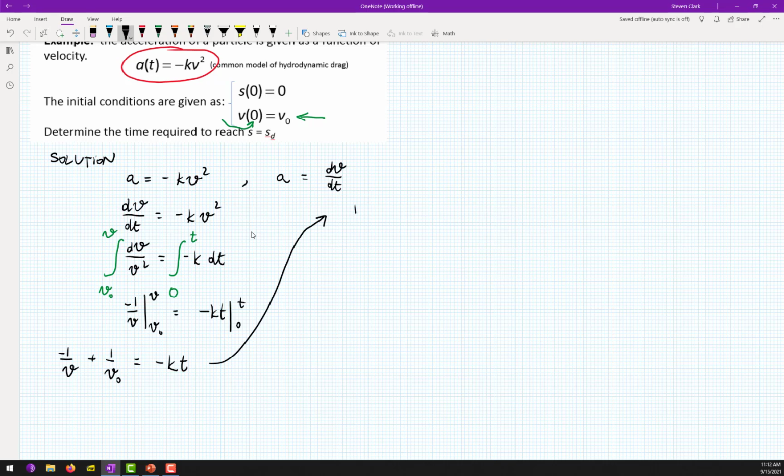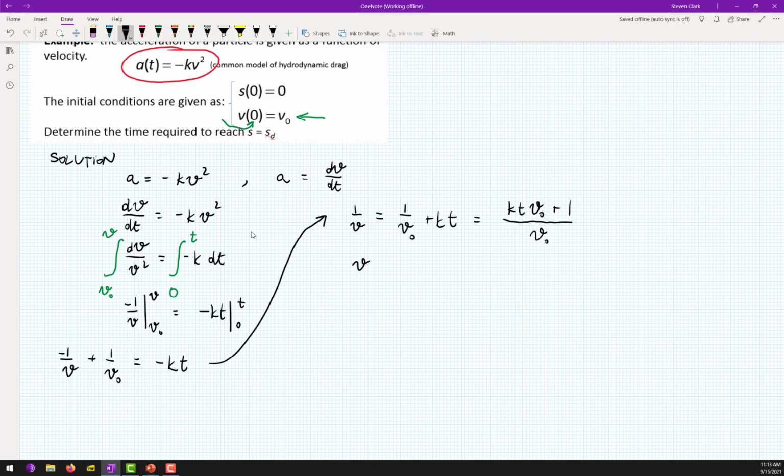So I would like to do something like that. 1 over v is equal to 1 over v0 plus kt. Very quickly, I know that all of you know how to do that: (k v0 t plus 1) divided by v0. This is just the reciprocal of v, so in order to find v, I just have to flip it.